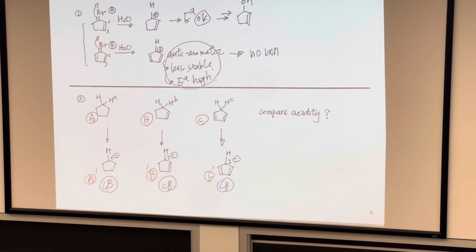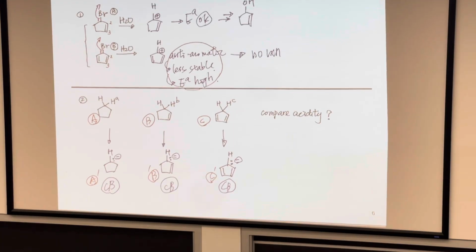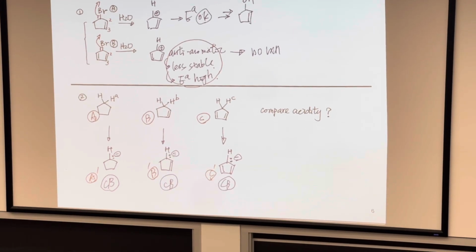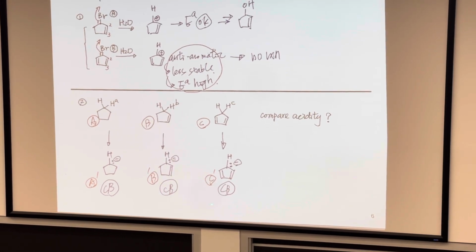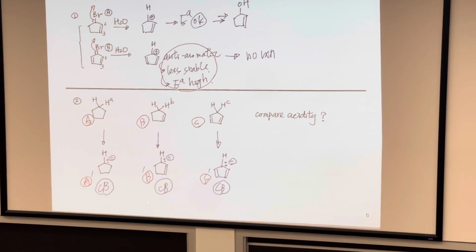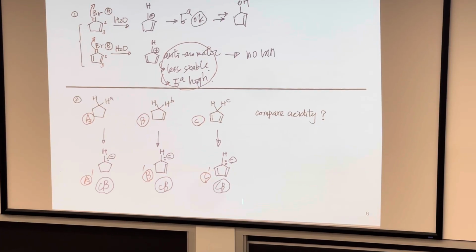Which one is more stable? The more stable the conjugate base, the stronger the corresponding acid, right? So which one is more stable, A prime, B prime, or C prime? C prime. C prime is more stable than possibly expected. Okay?